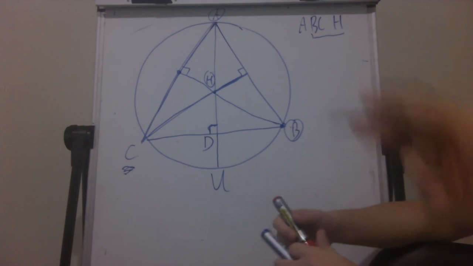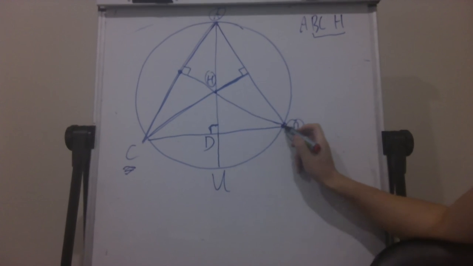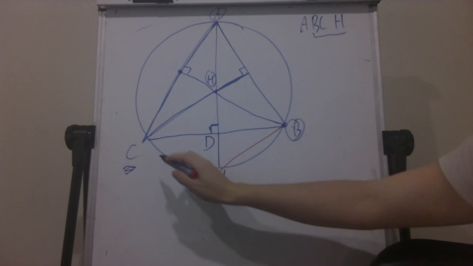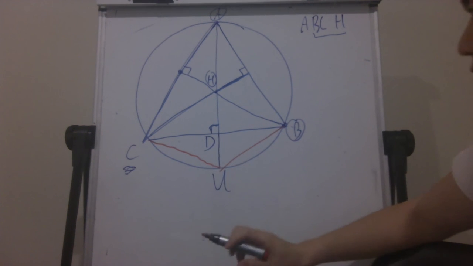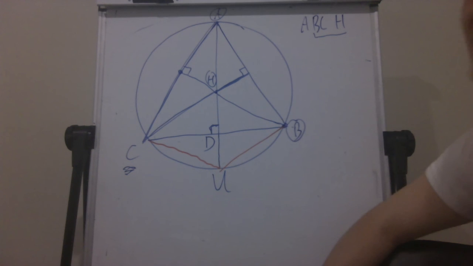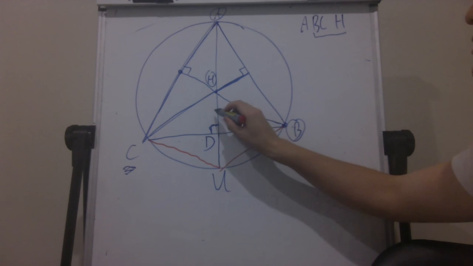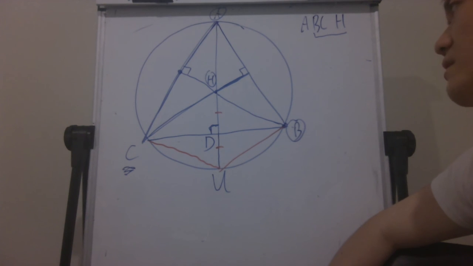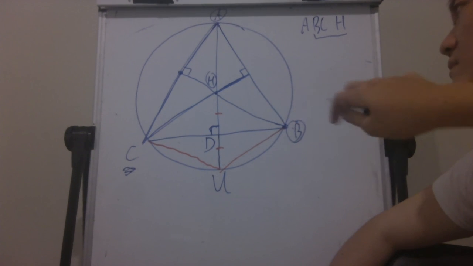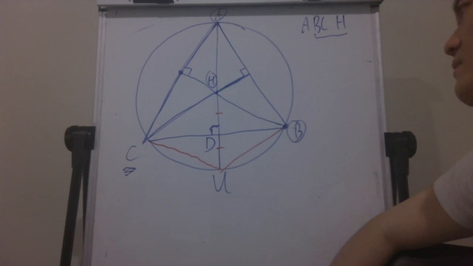Once you join CU and BU, that's why I said prove it's a kite. So we're trying to say that this is equal to this. How can we be sure? Because that is equal to that, and these two are equal.